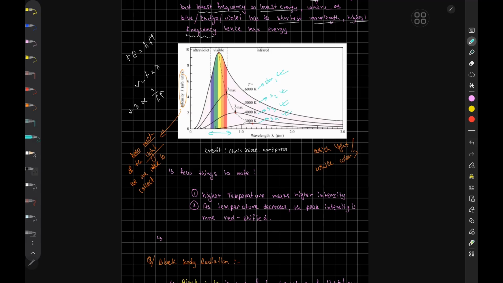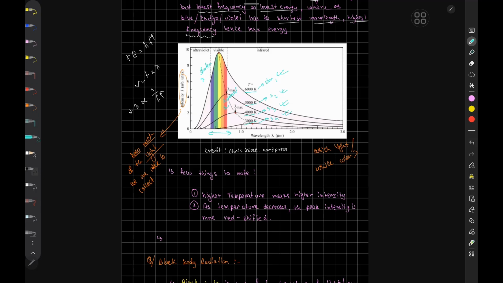What we realize is all of these stars have a different temperature. When you had a higher temperature, 6000 Kelvin, your max intensity wavelength was more towards a shorter wavelength. When the temperature decreased, your max intensity wavelength increased.